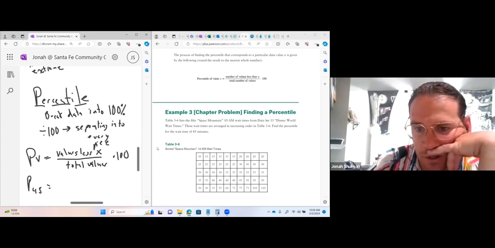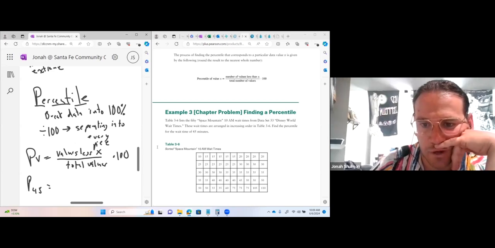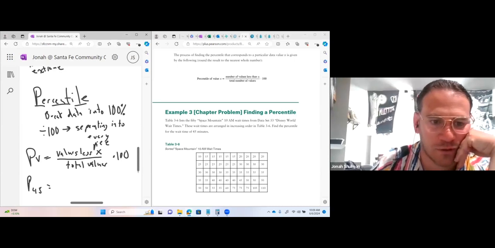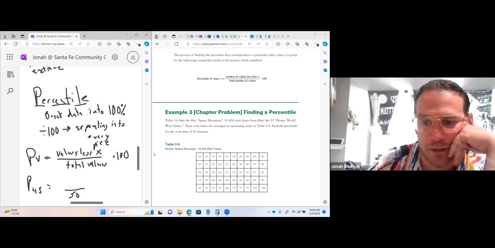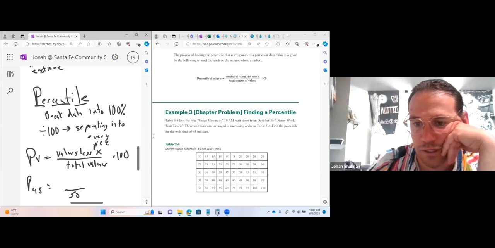So how many values are less than 45? Well, first I want to know the total. I have 1, 2, 3, 4, 5, 6, 7, 8, 9, 10. That's 10 by 1, 2, 3, 4, 5. What's 10 times 5? 50. That's how I didn't have to count them all. And we want all the ones that are less than 45, but that's a lot to count, so I'm going to go the other way. You ready?